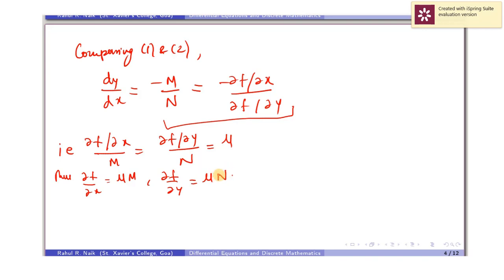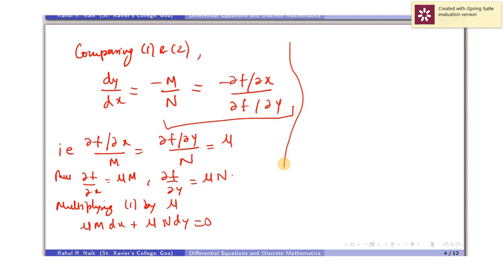So multiplying 1 by nu, you get nu m dx plus nu n dy is equal to 0. We will check now whether this nu is an integrating factor or not. Now you know that nu m is the same as ∂f/∂x, so ∂f/∂x dx plus ∂f/∂y dy is equal to 0, and this is the required exact equation.